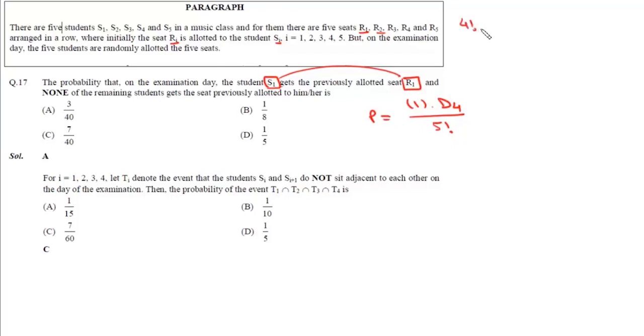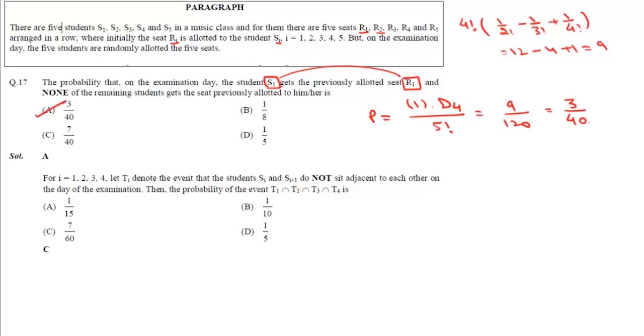Now D4 is factorial 4 times 1 upon factorial 2 minus 1 upon factorial 3 plus 1 upon factorial 4. Now this is 12 minus 4 plus 1. So it will be 13 minus 4, 9. So this probability is 9 by 120, which is simply 3 by 40, and that's your option A.